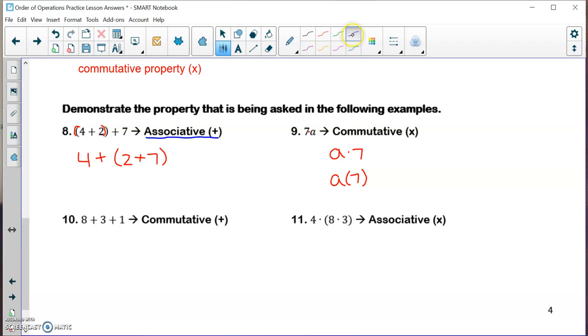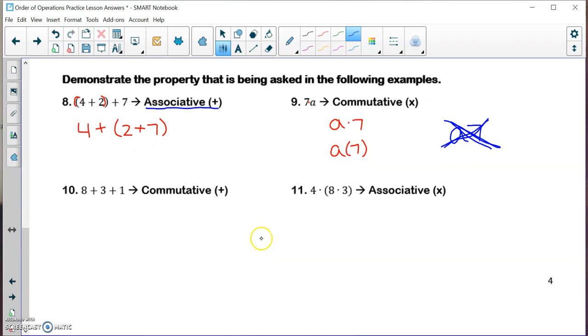I will not allow you to write it as an a times a 7 like this, though, because that actually means something different in algebra. So we're not going to be writing the number after the a without putting an operation in between. And technically in the second one here, the parentheses means that this is going to be multiplied together.